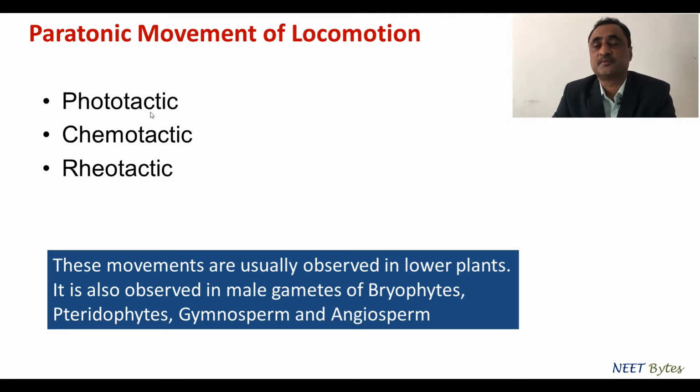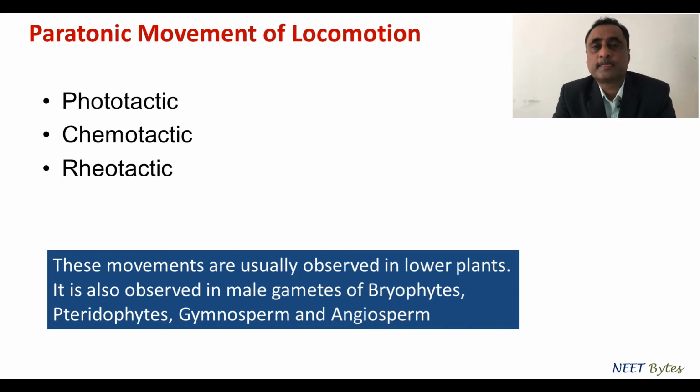For instance, take the movement of sperms in bryophytes or pteridophytes. They move under the influence of chemicals. In bryophytes, the movement occurs under the influence of sucrose, but in pteridophytes, even in gymnosperms or angiosperms, the movement of sperms occurs under the influence of malic acid. So these are the chemotactic movements.